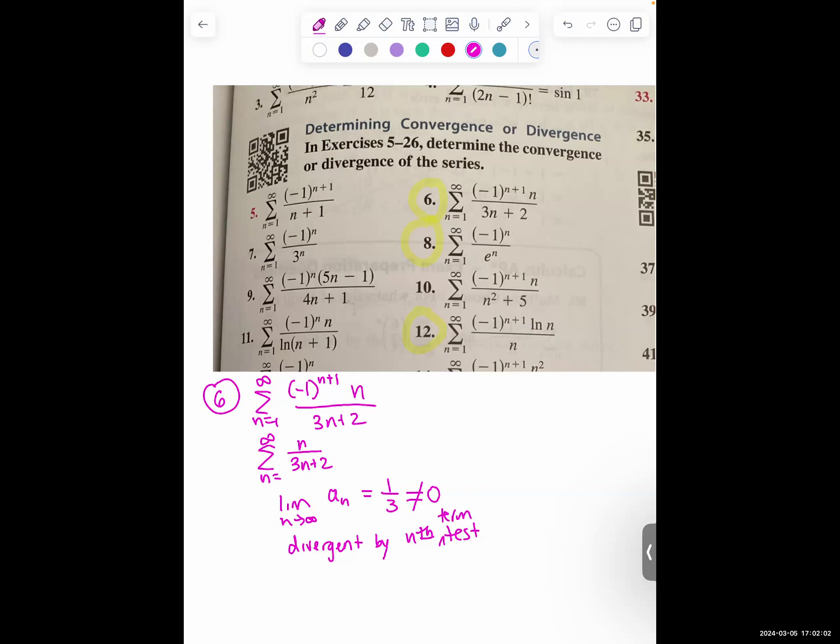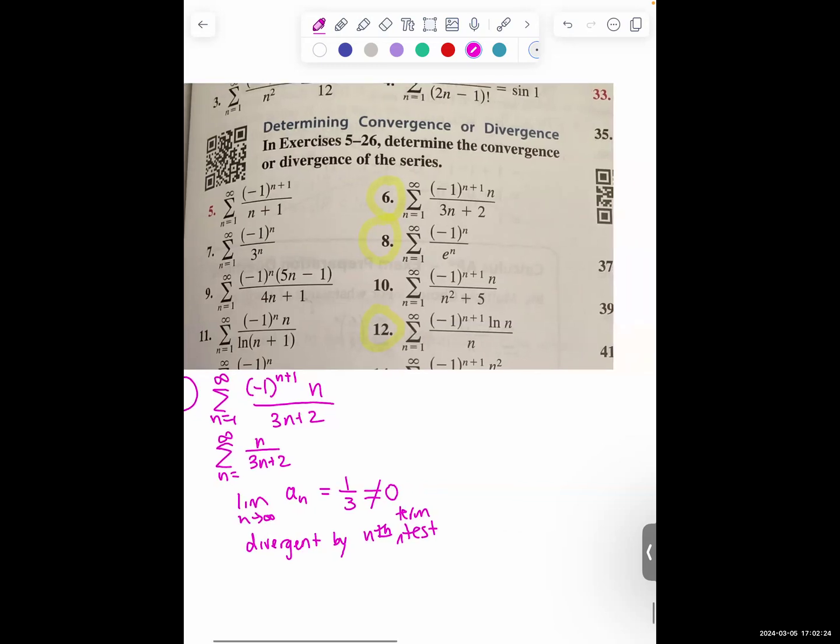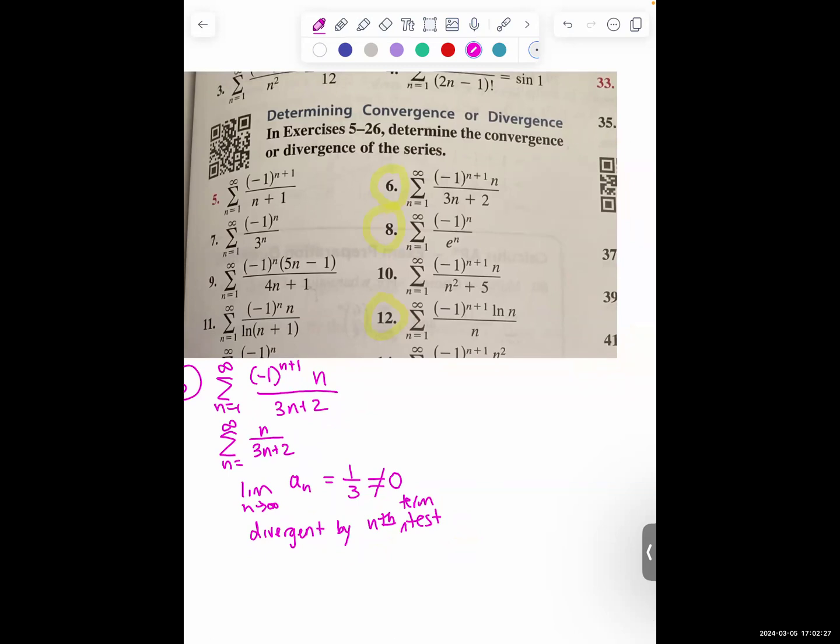Now, if you end up with a p-series or a geometric series, whether it's LCT to either one of those, and it ends up diverging at this stage after testing absolute convergence, that's where you want to move on to AST, because AST will always pass the conditions for both geometric and p-series. So for 6, this is all you have to do. You do not have to do AST.